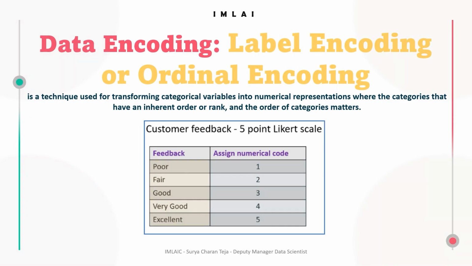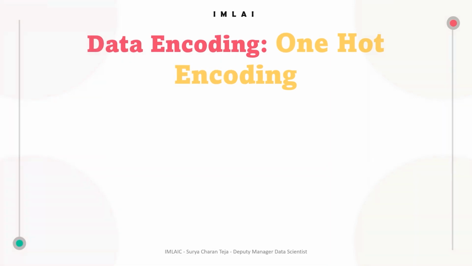So now let's look into the second technique under the data encoding section, which is one-hot encoding. We use this categorical data encoding technique when the features are nominal, that do not have any order.